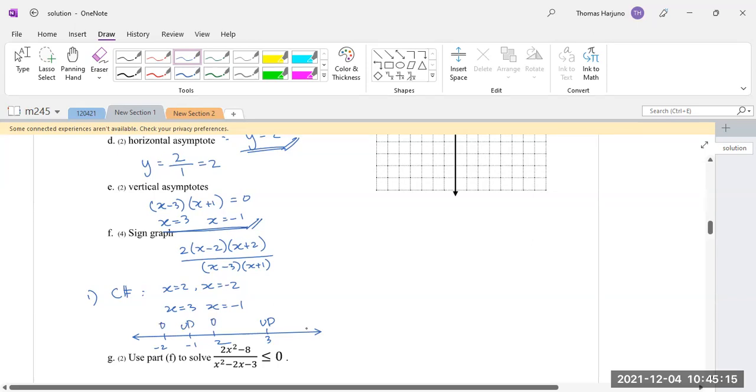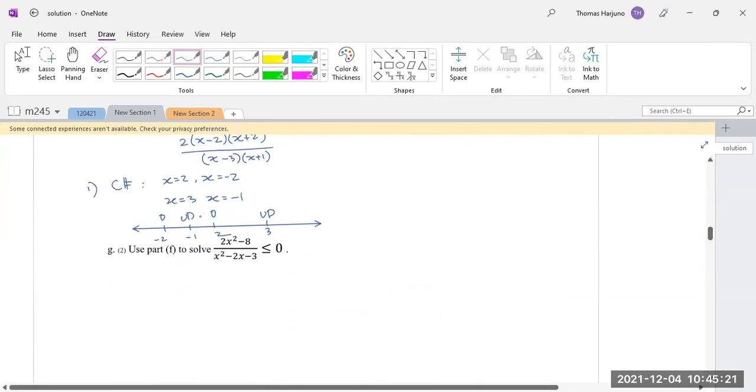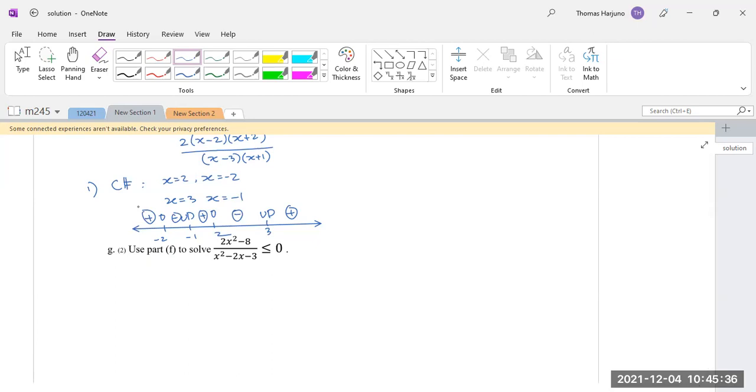And then you do the sign graph, but we have the y-intercept. The y-intercept is positive. So this is positive here, and each of the critical numbers has multiplicity of 1, right? Now part G, using that sign graph to solve for the function less than or equal to 0 means we need the negative.